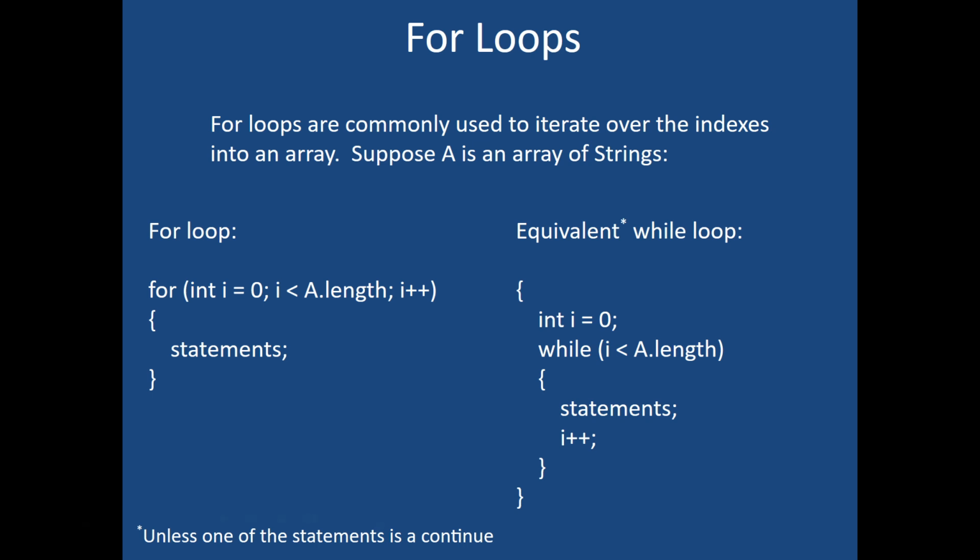Now, why did I put this whole construct inside a set of braces? That's very subtle. What if I just took this brace away and this brace away? Why would that not be equivalent to that for loop over there?